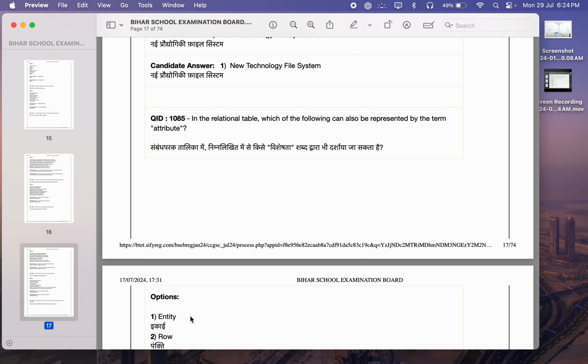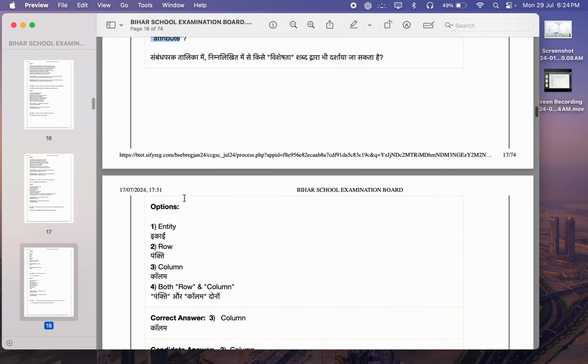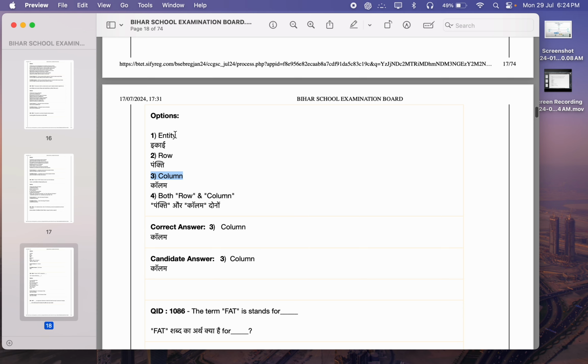Attribute means to describe something, right? A row doesn't describe something, but it's actually the column which is used to describe something. So the word which is correct for this is column. Entity means the table itself.